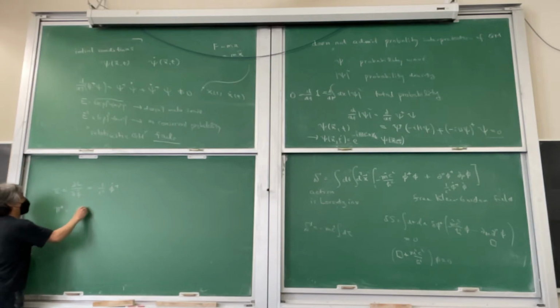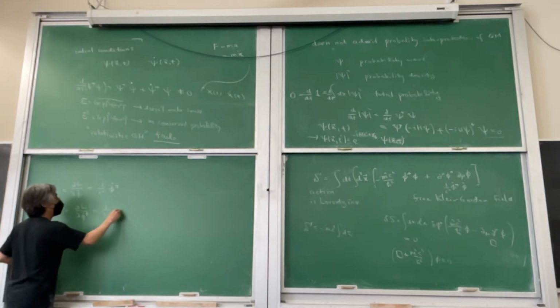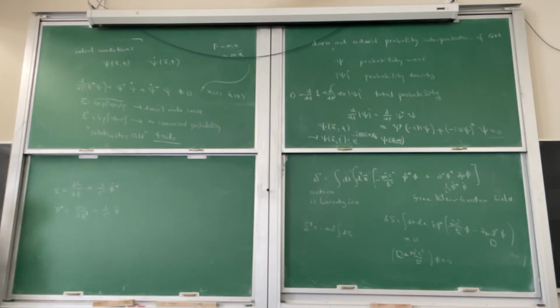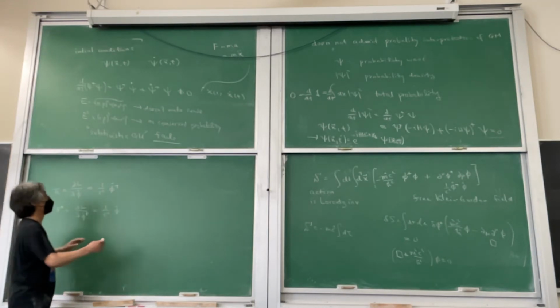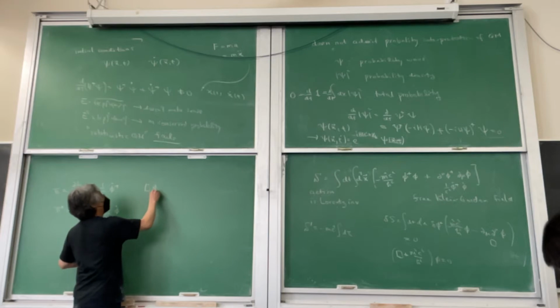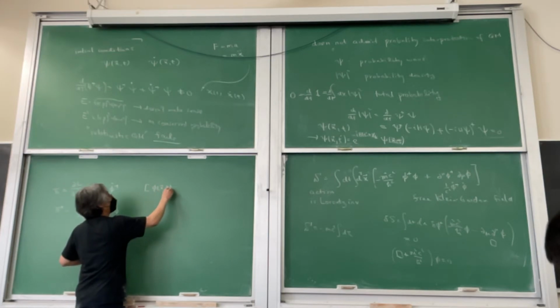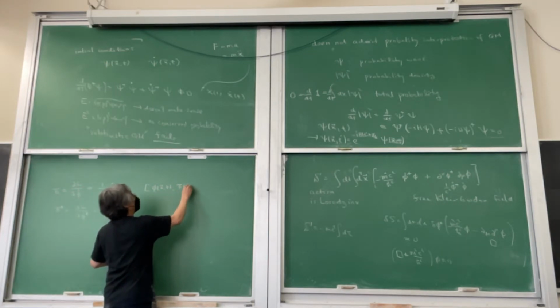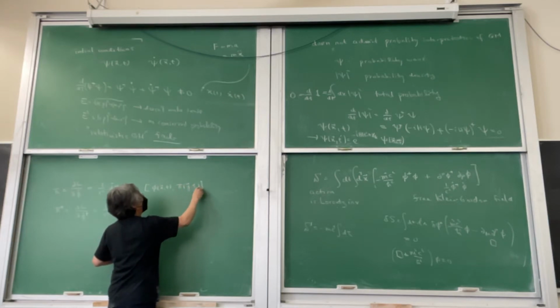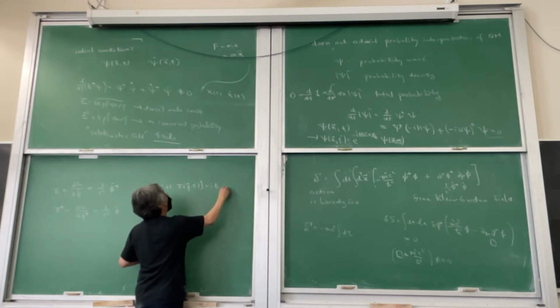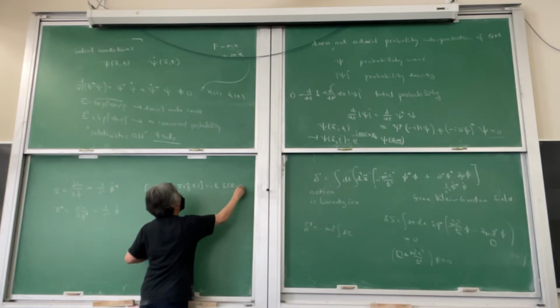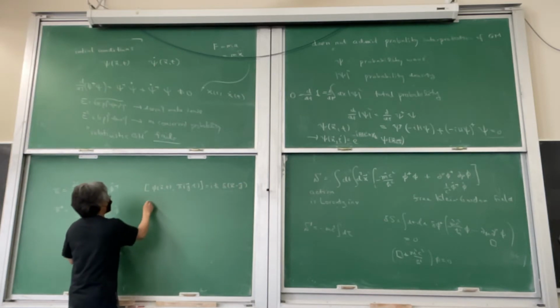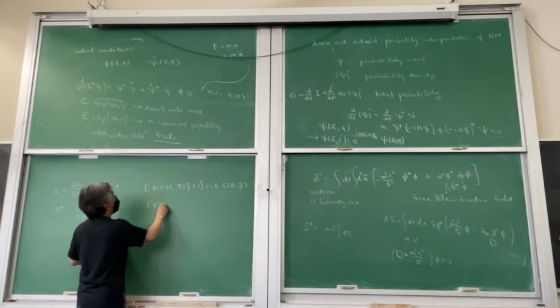And I should also define the canonically conjugate momentum for phi dagger. And we know already what you're supposed to do to set up the commutation relation, and same for phi dagger.